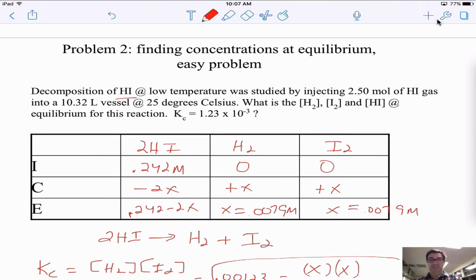If I take 0.0079 times 2, and then I subtract that from 0.242, I get 0.226. And so this concentration right here is 0.226. This allows me to find all of the concentrations for these three species.